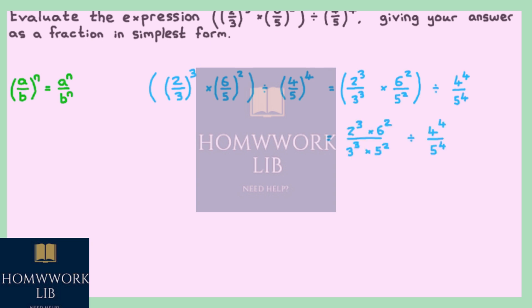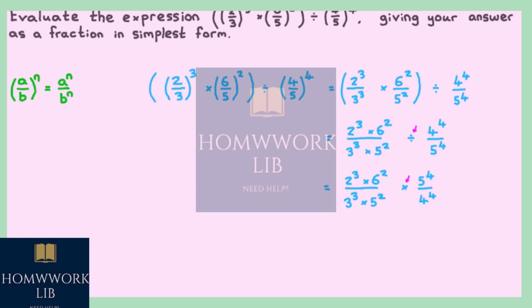We can then recall that we multiply fractions by multiplying their numerators and denominators separately. This allows us to rewrite the expression as shown. We could simplify at this point. However, we can also note that our expression involves division by a fraction. We know that dividing by a fraction is the same as multiplying by its reciprocal.